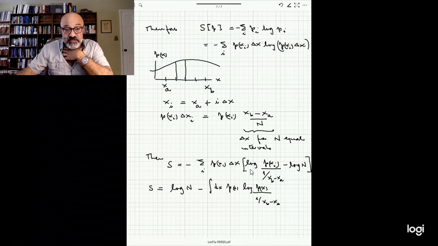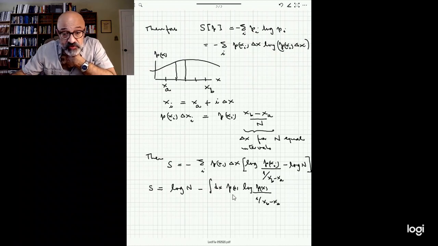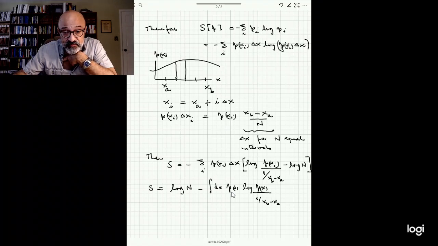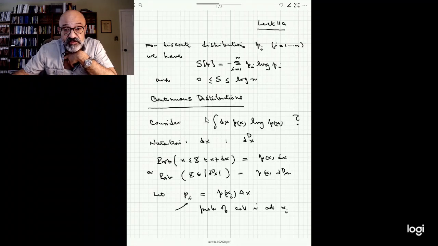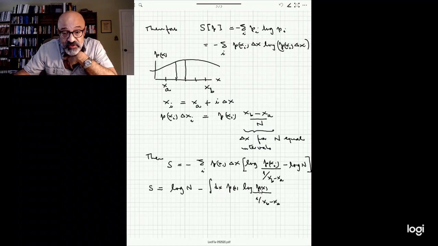Now you see what the problem is here. When we try to write the discrete entropy for a continuous distribution, we can get pretty close to what we have back here, except that we have this extra piece that's not problematic at all. I mean, we could even have included it way over there, but we have a problem here.